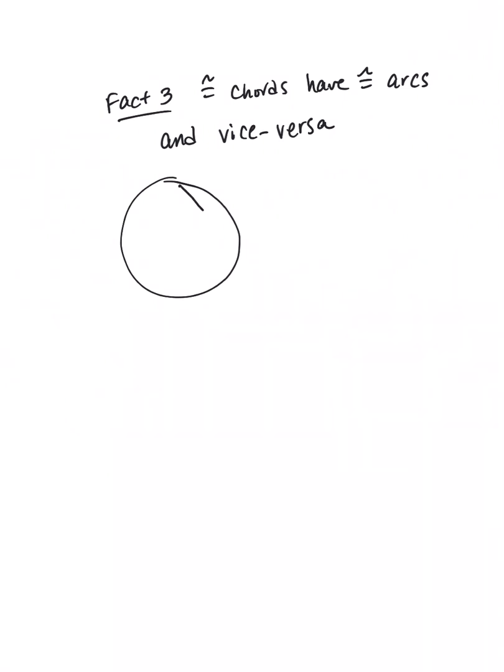If I have a chord here, and some other chord over here, and I tell you these chords are congruent, then you can conclude these arcs are congruent. And vice versa. We can also conclude that they must be equidistant from the center. So all those conclusions are at play.